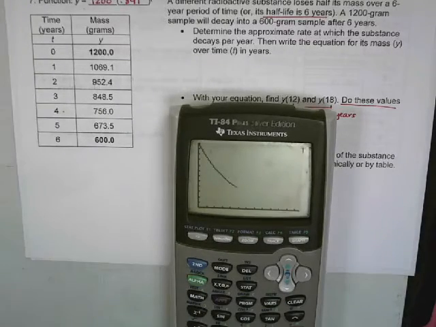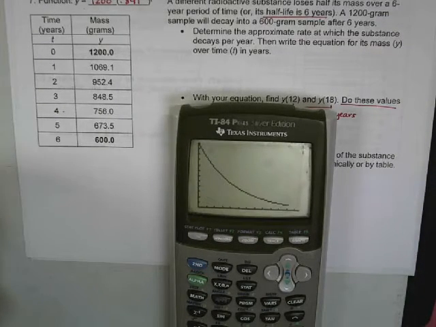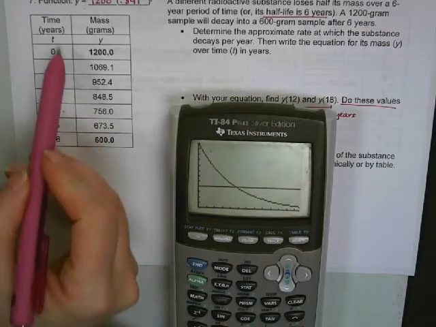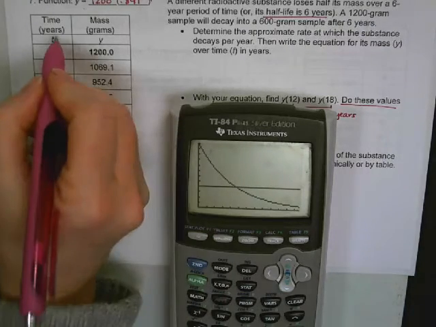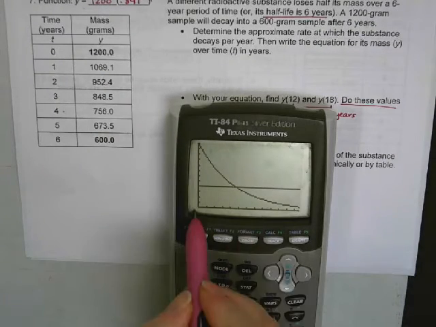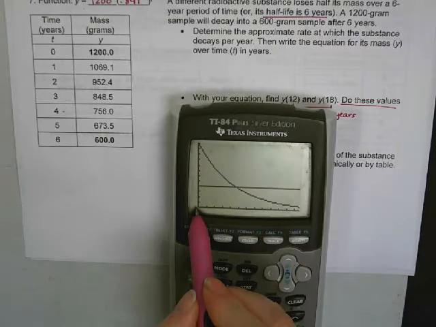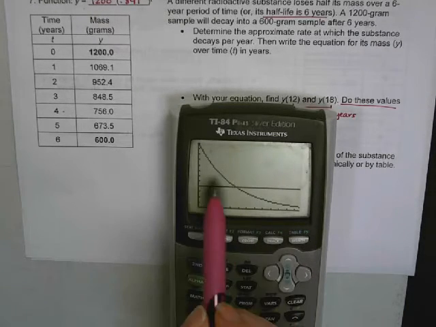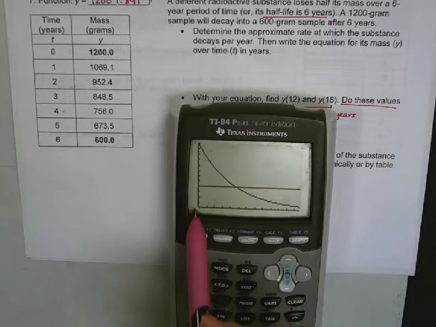All right, so there's my decay function. It draws it first. And there's the line that represents 400. So remember, in this case, according to this table, we put it in x, but the x-axis represents years. So over here it starts at 0, and it counts forward. And then the y column represents the mass in grams.